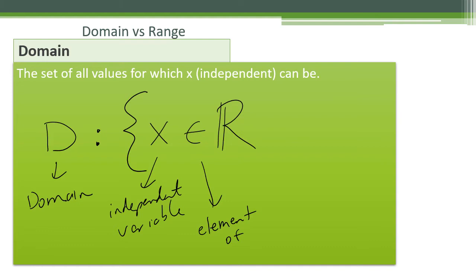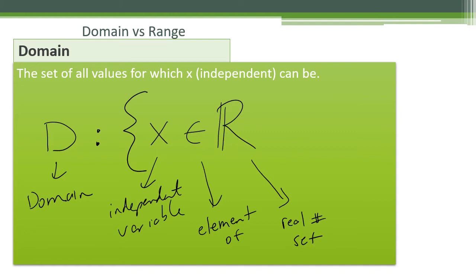There's the set of integers, there's the set of imaginary numbers, which you'll get to in grade 12. There's the set of real numbers, there's the set of rational numbers, and many more. So this capital R stands for the real number set, meaning it can't be imaginary numbers.